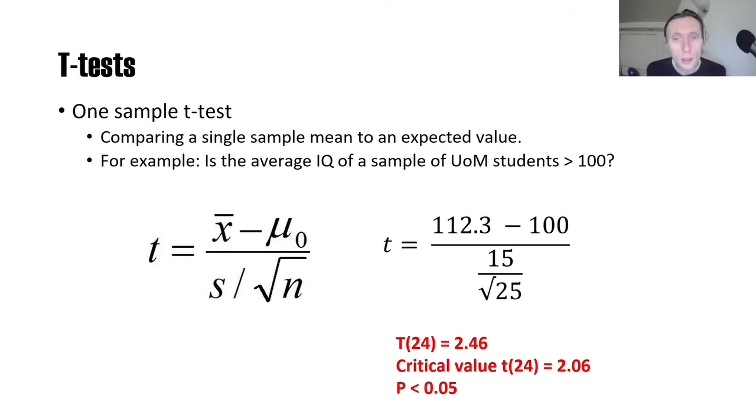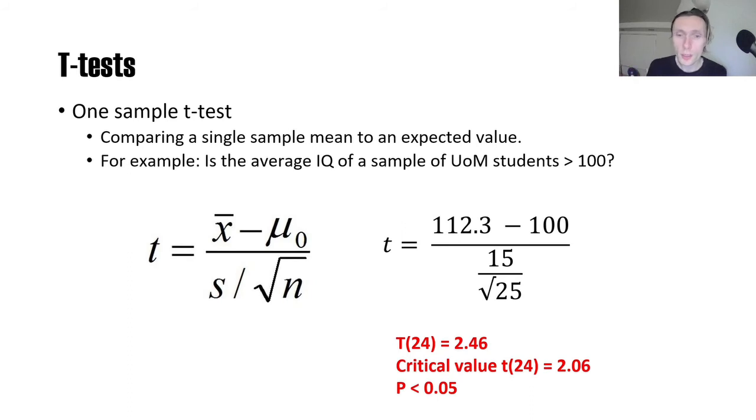Now our t-score is 2.46, and our critical value for a t-distribution with 24 degrees of freedom is 2.06. Again, remember, with the z-score, the critical value was always 1.96.